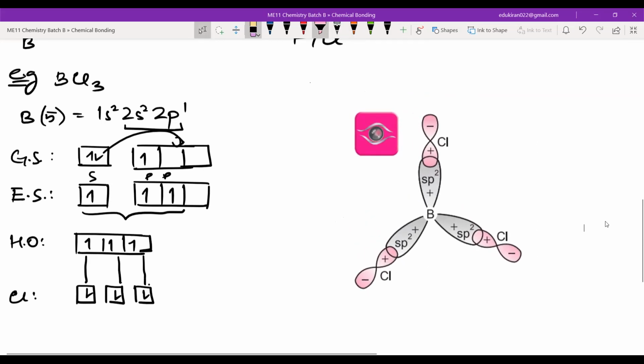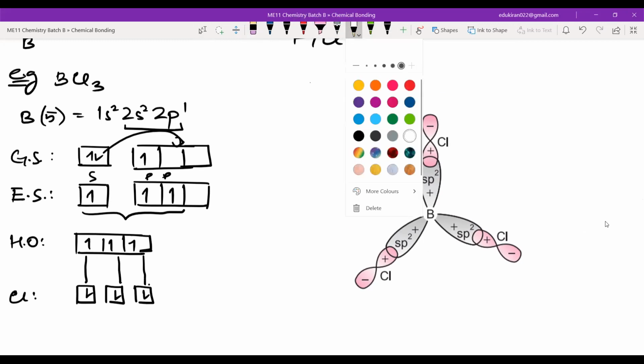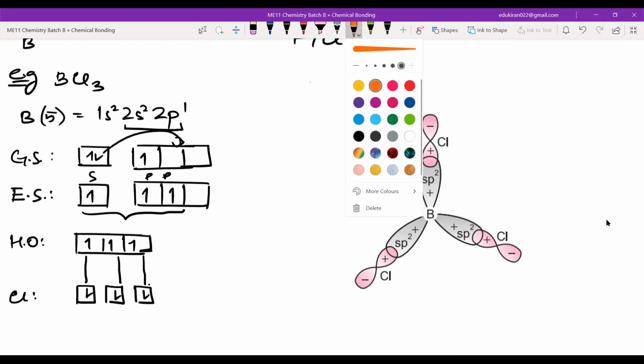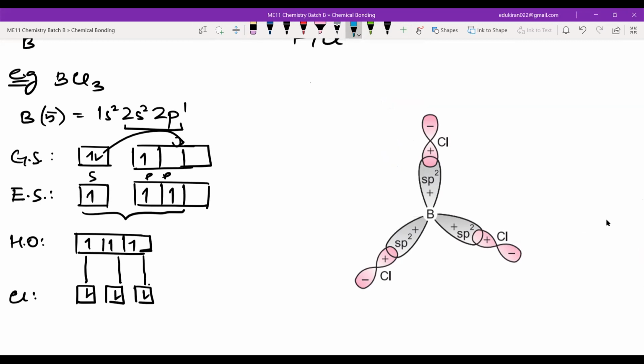This is your BCl3. These have 1 electron each.